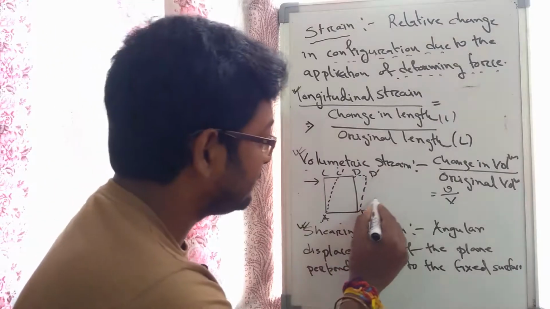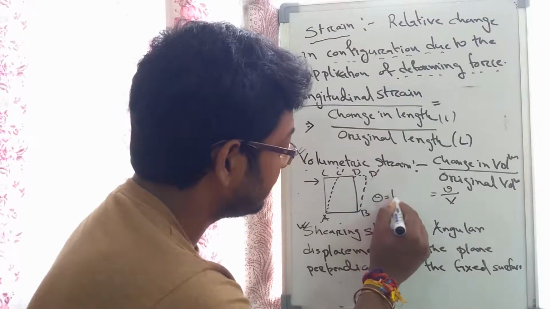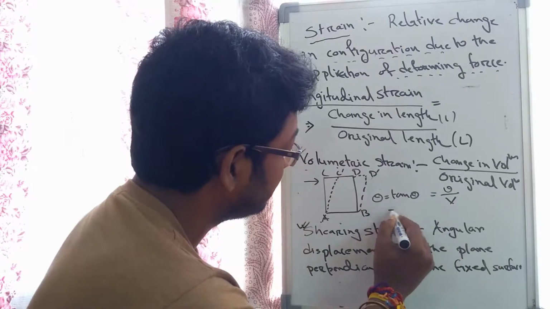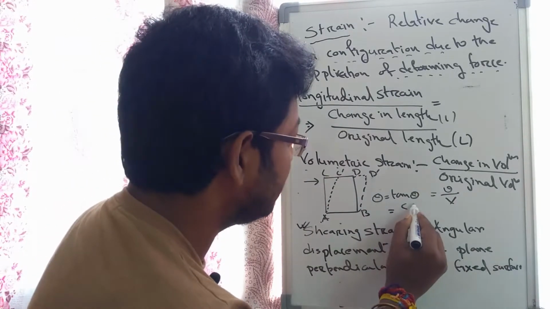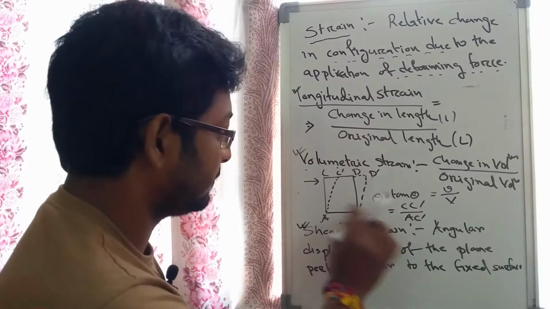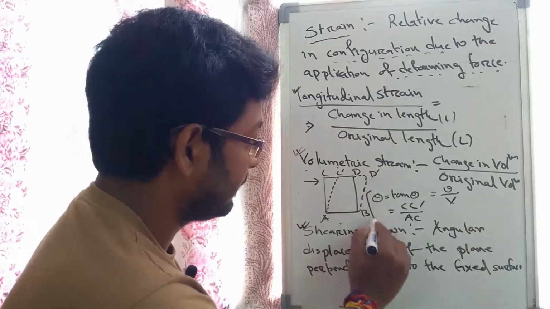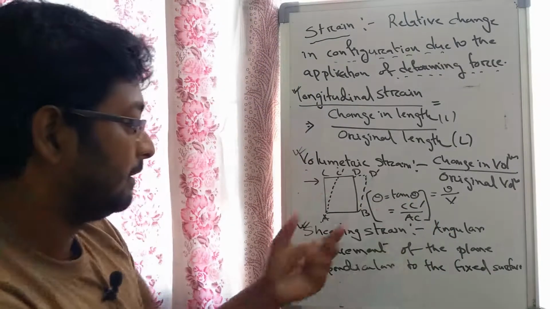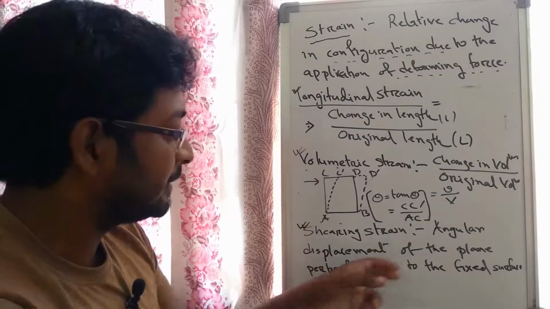So what is theta? Theta is given by tan theta equal to CC dash divided by AC.